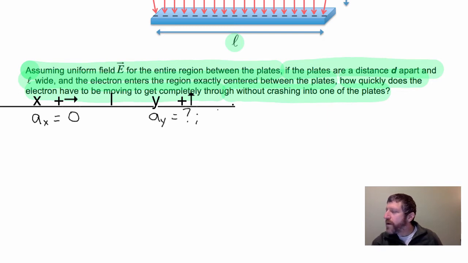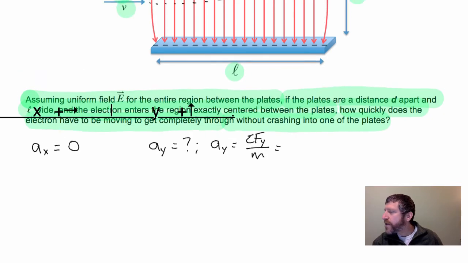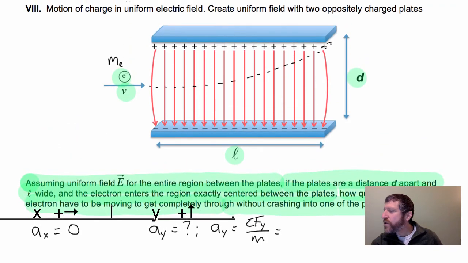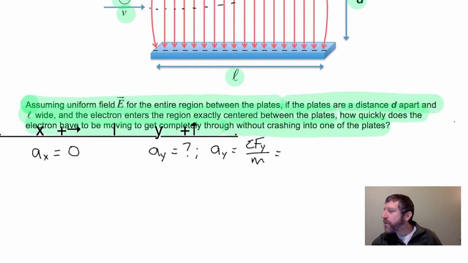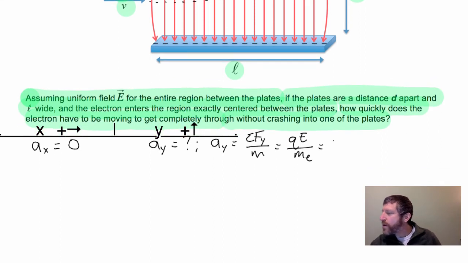Well, we do know that acceleration y equals net force y over the mass, and this is an electron, so the force is QE. And this is going to be QE over the mass of the electron. What is the charge of the electron? Well, that's an easy one to remember because we symbolize the charge of the electron with a little e, the elementary charge. So it's little e times capital E, over the mass of the electron. That is the vertical acceleration.